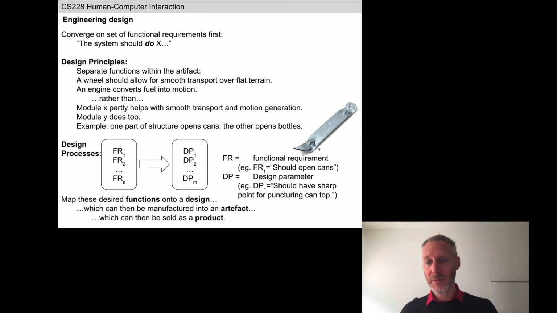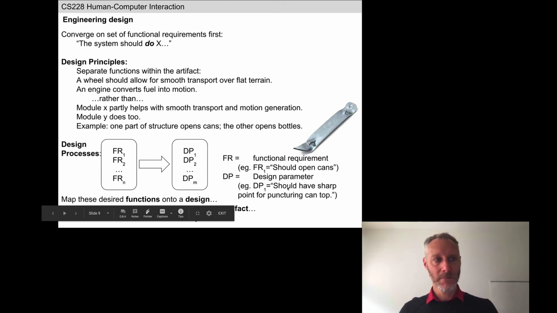For example, we might be able to design one end of our eventual system that matches FR1, should open cans. A design parameter associated with that functional requirement might be it should have a sharp point for puncturing the can top. So we're starting to go from the need to something that talks about the structure and function.